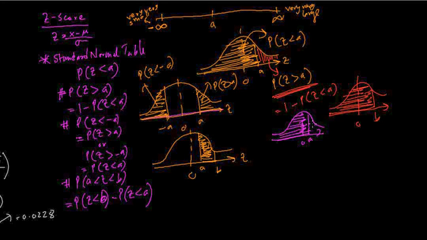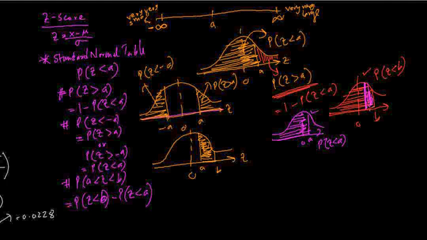Now just by the concept of area in geometry, this is the larger area and this is the smaller area. So this is the probability of z is less than b, and this is a smaller area obviously because a is behind this. So this is the probability of z is less than a. Now if you remove the smaller area from the larger area, won't this region be left?